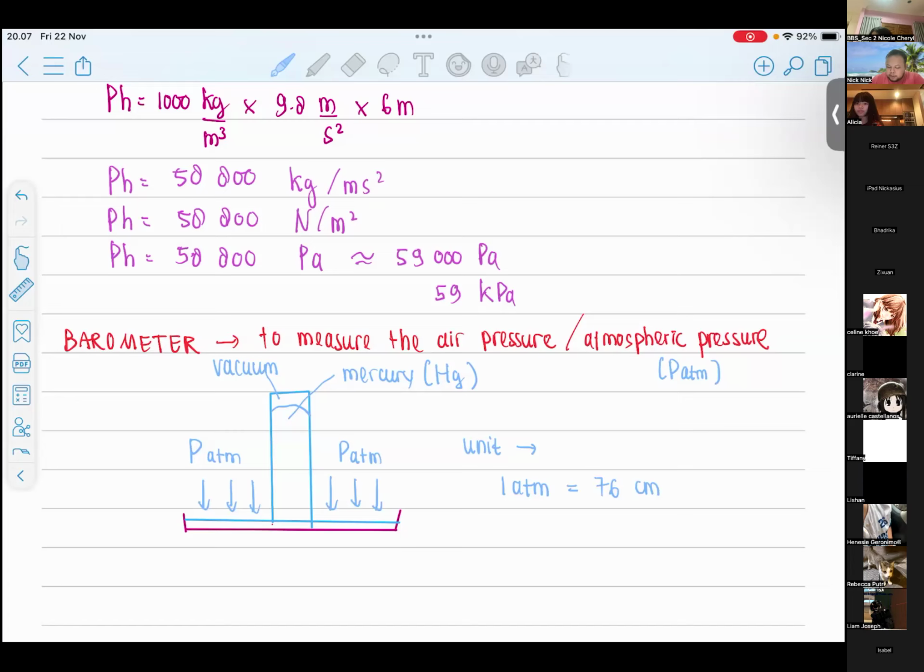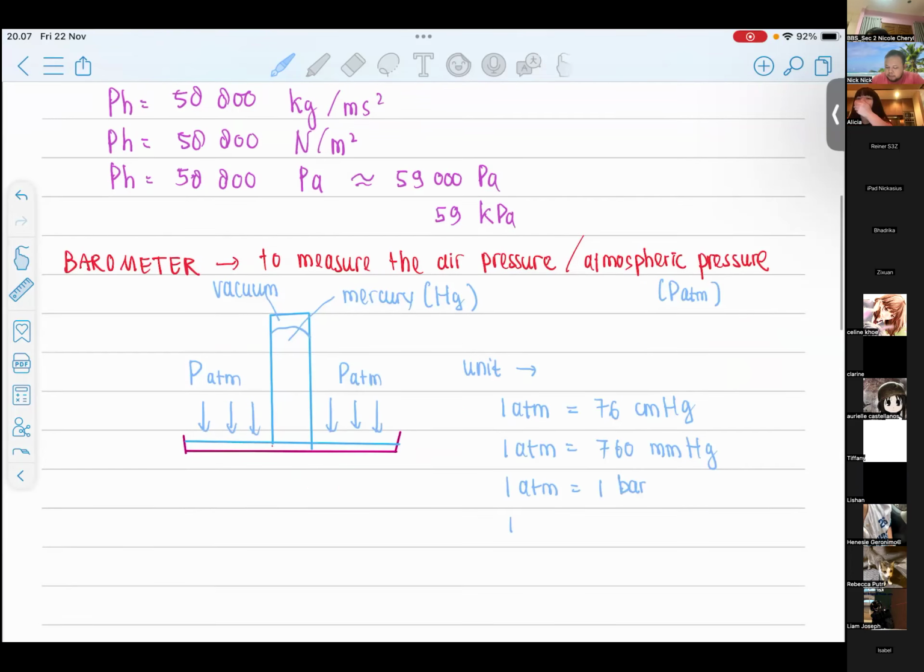And then 1 atmosphere equals 760 millimeter of mercury. 1 atmosphere equals 1 bar, right? 1 atmosphere is 1 times 10 power 5 Pascal, right? This is the unit of pressure used in barometer. Clear, students?